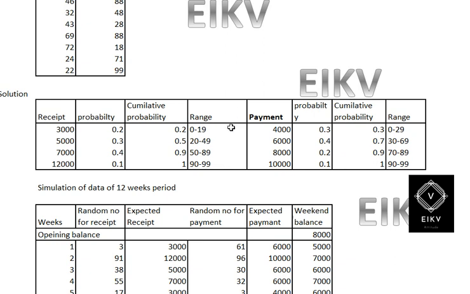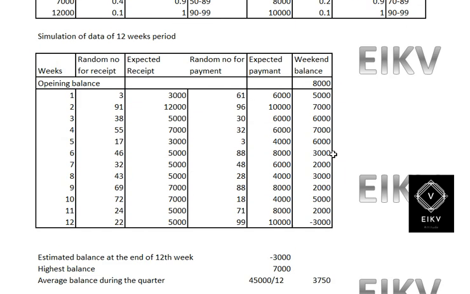Now the range of the receipt will be 0 to 19. Over here we have a probability of 20, so 20 minus 1 gives 19, and then the ranges are 20 to 49, 50 to 89, and 90 to 99. For payments, the ranges are 0 to 29, 30 to 69, 70 to 89, and 90 to 99.